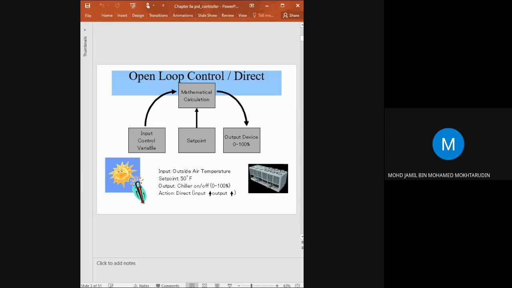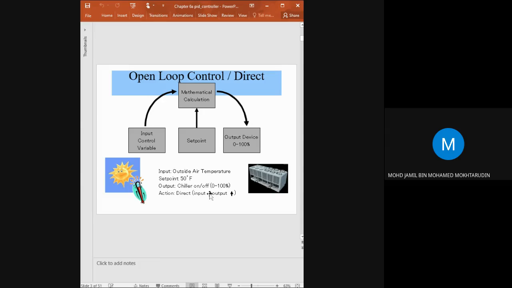No matter what you set, for example 24, even though the room has already reached 24 degrees Celsius, the system will keep cooling the room because it has no sensor that can measure the room temperature and then measure the error difference between the desired input temperature and the actual temperature.